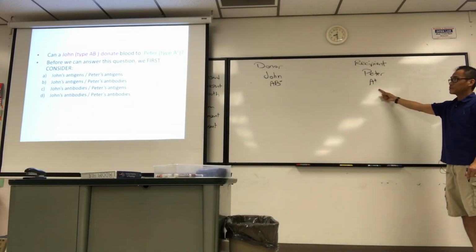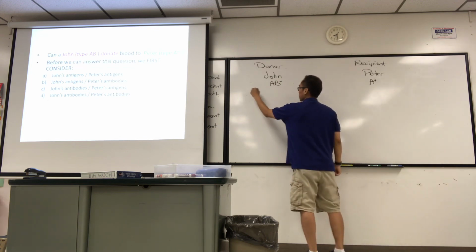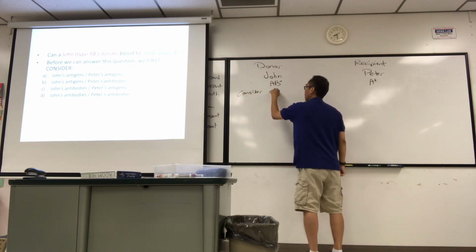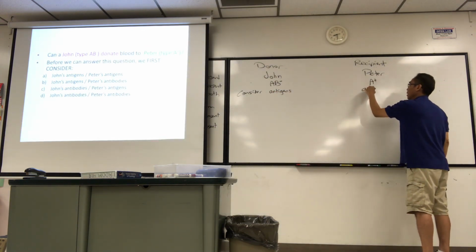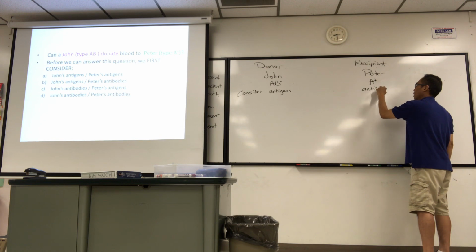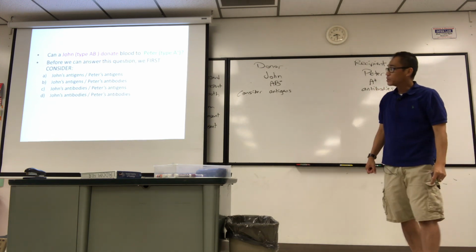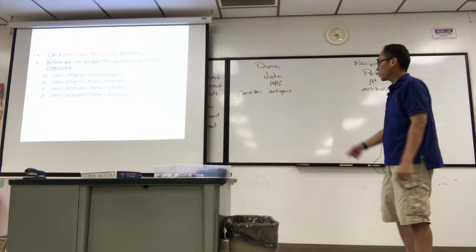And you consider Peter's antibodies. So which choice is that? John antigens, Peter's antibodies. Yes, choice B on the multiple choice there.